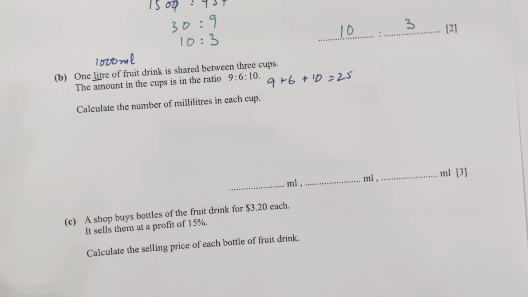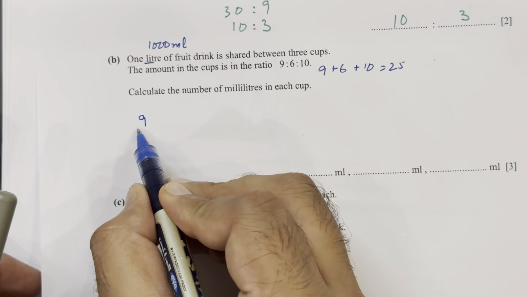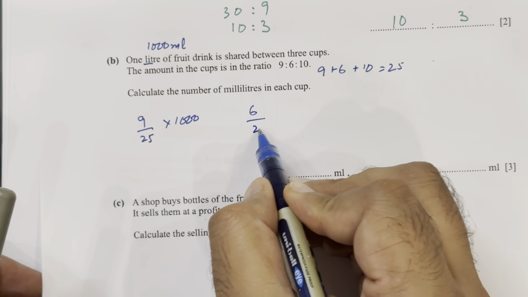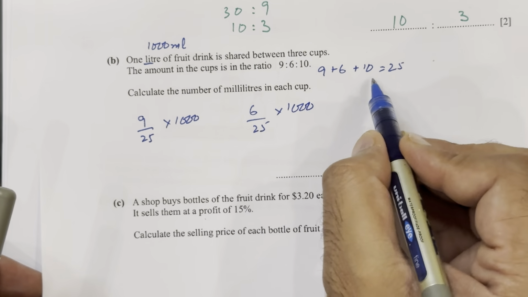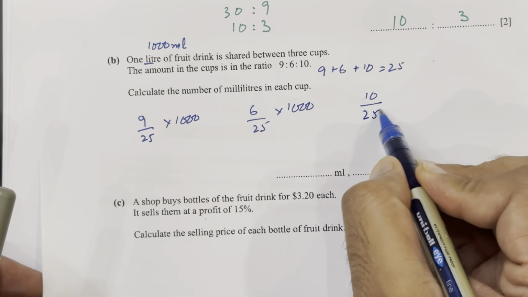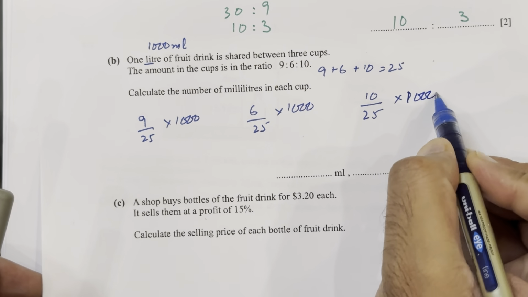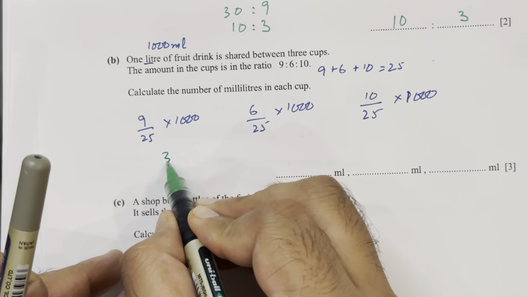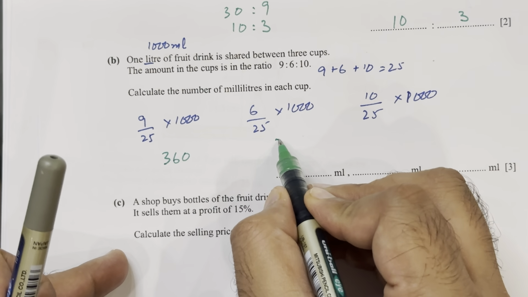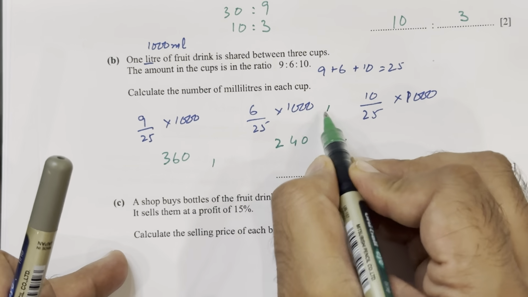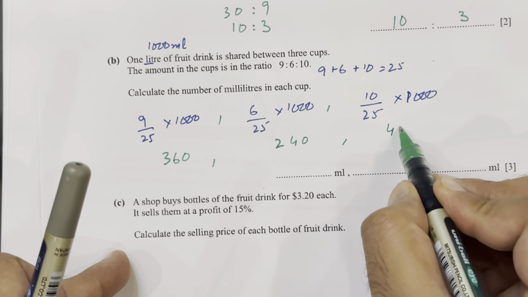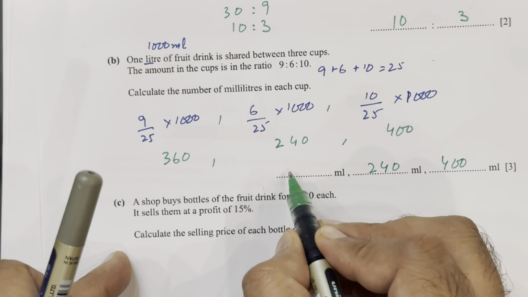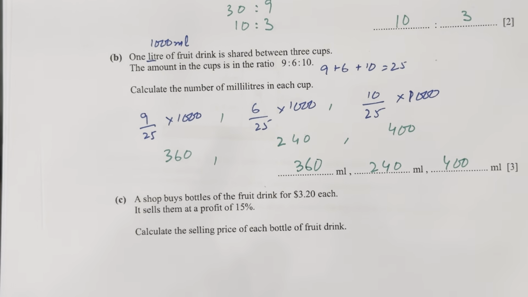So you can easily calculate each one: 9 by 25 multiplied by 1000, 6 by 25 multiplied by 1000, then the third one is 10 by 25 multiplied by 1000. After solving it, you get all three values: 360, 240, and 400, and all those answers are in milliliters. So this is what you're gonna write in your answer space.